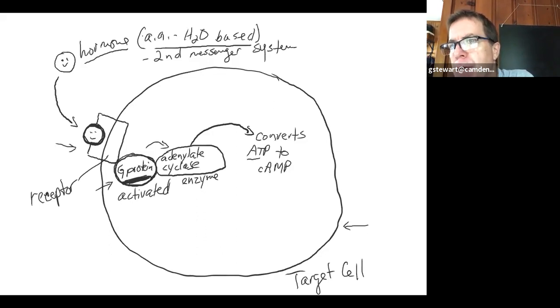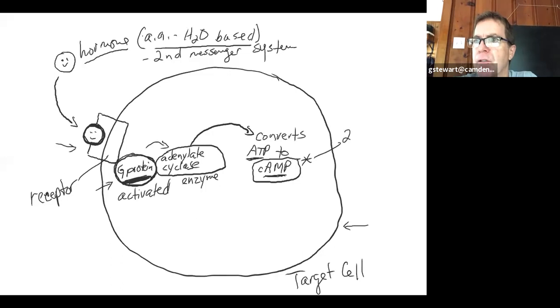AMP just stands for adenosine monophosphate. So essentially, when we convert ATP to cyclic AMP, we're cleaving two phosphates off of that ATP molecule. It gets its name cyclic because of its sort of circular shape. This is the second messenger in this second messenger system.